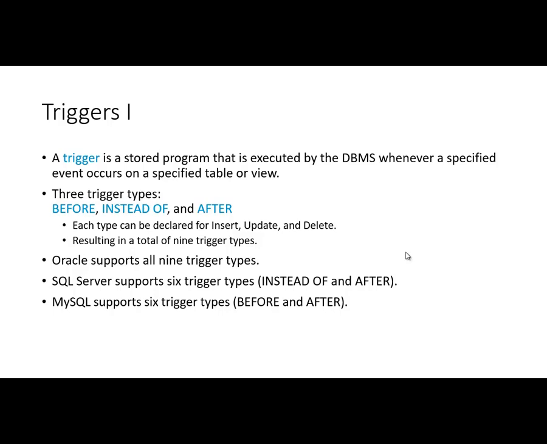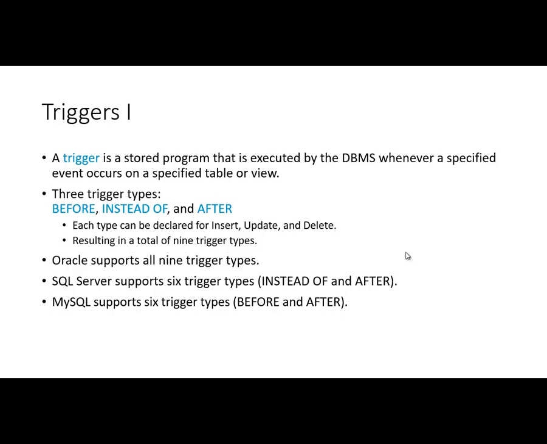So there are certain types of words that can be included to trigger an action. The three trigger types are before, instead of, and after. Each type can be declared for insert, update, and delete. So if you look at the combination, you can see that that will result in a total of 9 trigger types.